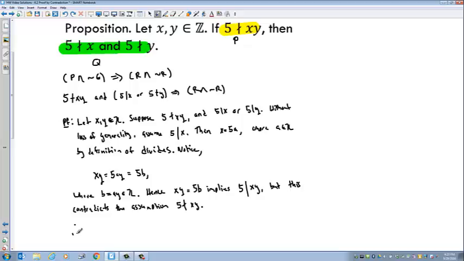Therefore, we have 5 divides xy, and 5 does not divide xy. And so you can see in this case, what's our R?